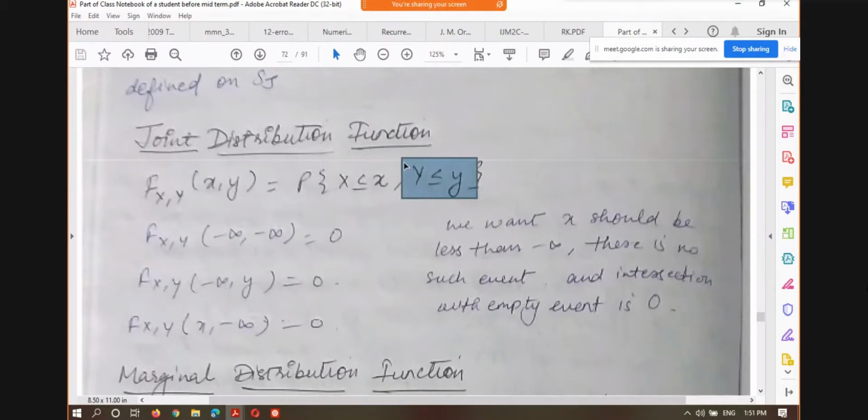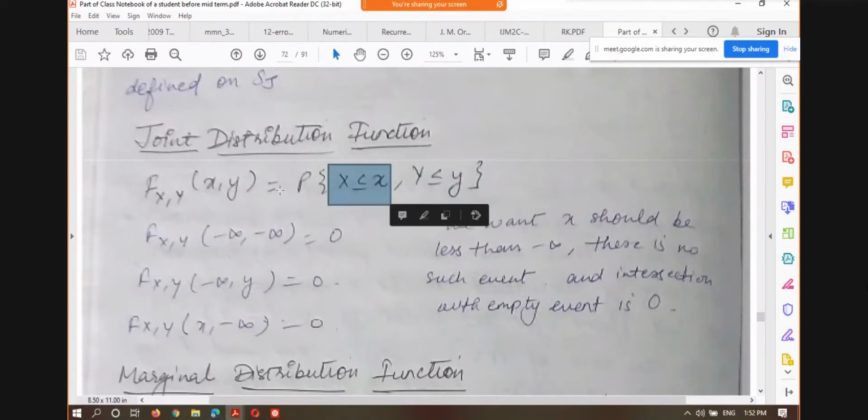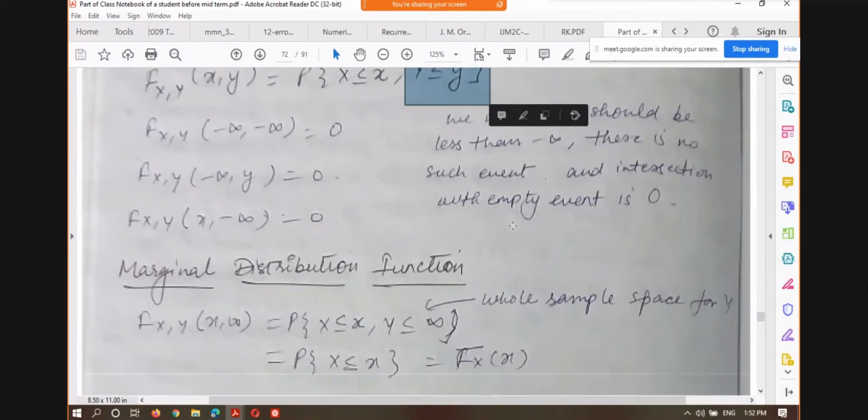So the whole sample space is intersecting with this event. Because all events are subsets of the sample space, S intersection this event will give you only this event. Similarly, if x is plus infinity, then you will have only this one. That one is known as marginal distribution.